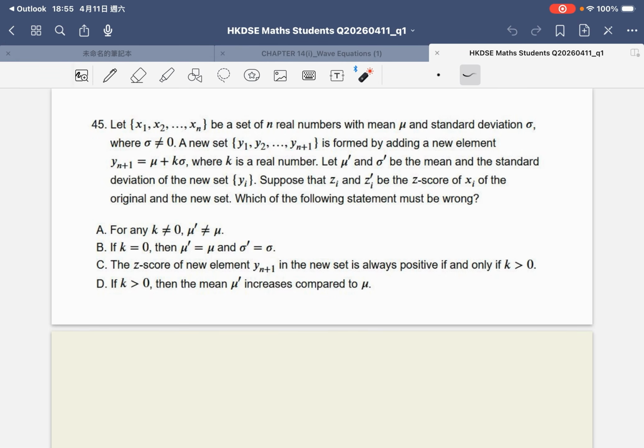This question is Mr. Sam Seal's mock exam question. He asked me to post the solution of this question because he found that it is a very important question for the coming DSE exam.